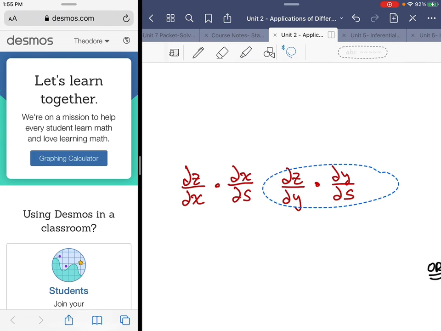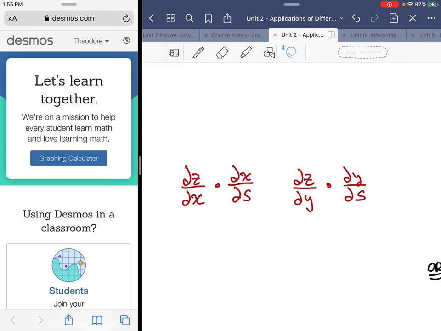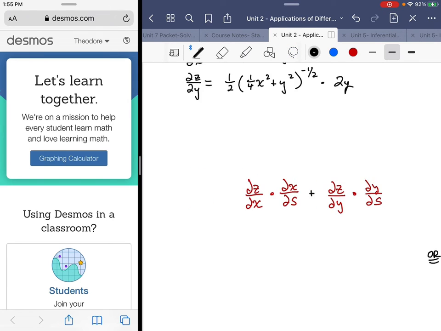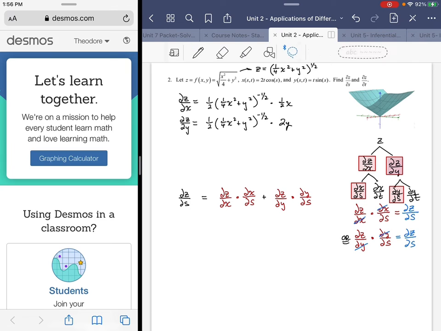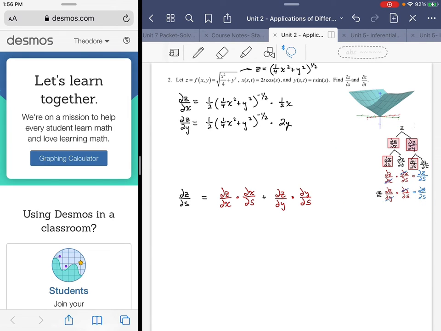So what I'll do is use these different components, add them together, and that'll ultimately give me partial z with respect to s. What I would then need to do is get my partials for x in terms of s and y in terms of s. So partial x with respect to s, partial y with respect to s.